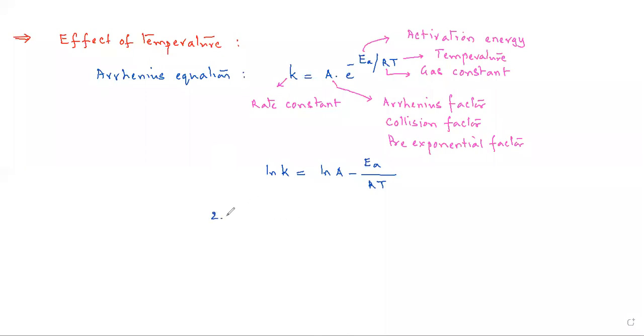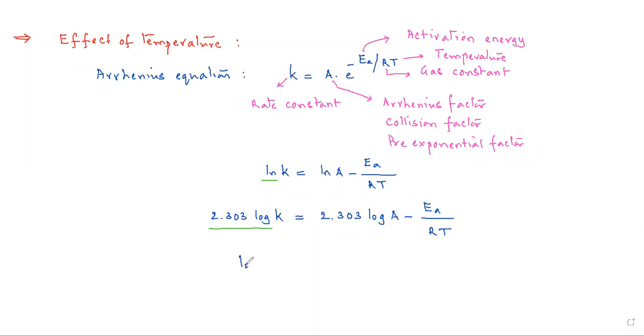Now converting this natural logarithm into base 10, normally I write this base 10 as simple log. So this ln or base e is equal to 2.303 log base 10. Now this can be written as 2.303 log A minus Ea by RT.